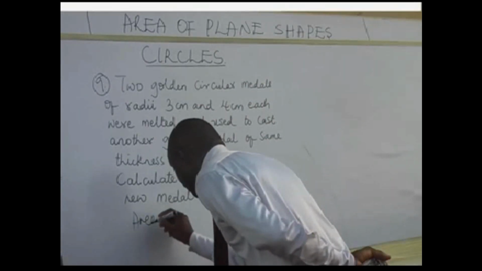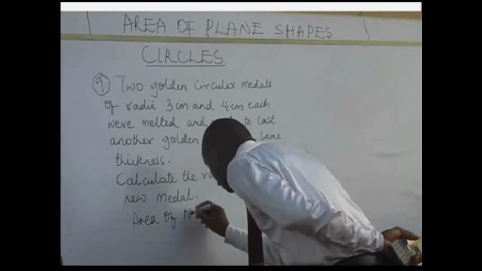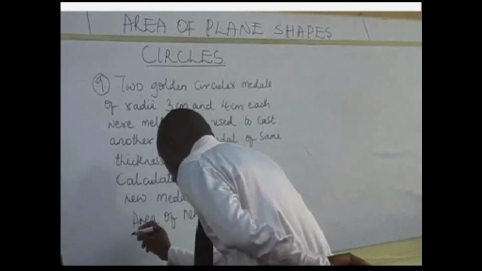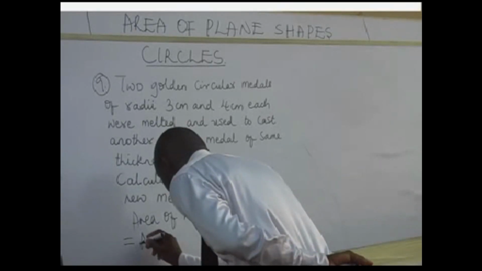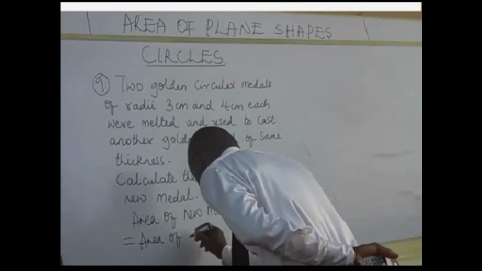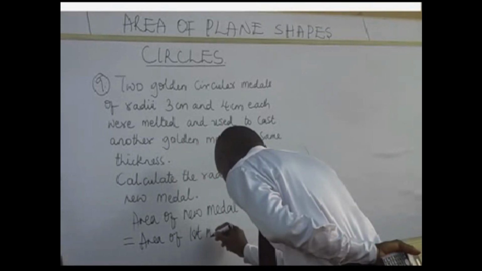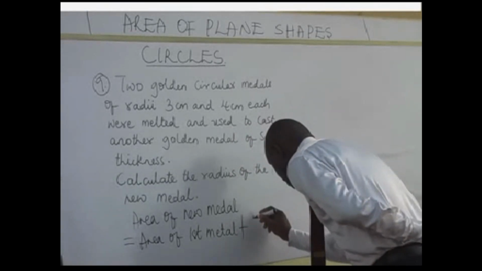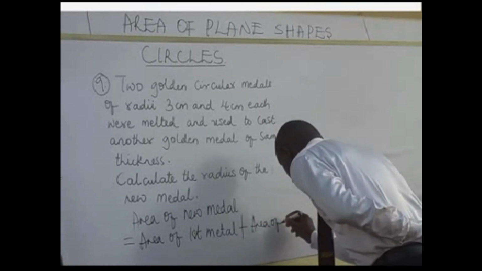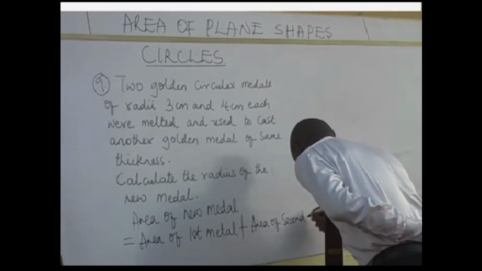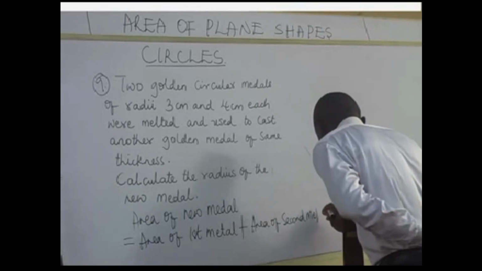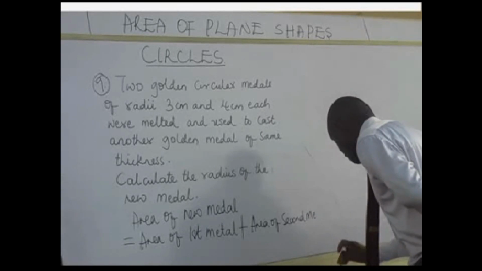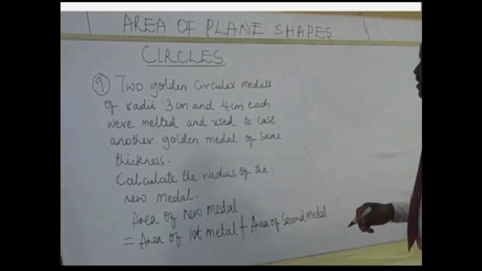Area of new medal is equal to area of first medal plus area of second medal. That is the truth.